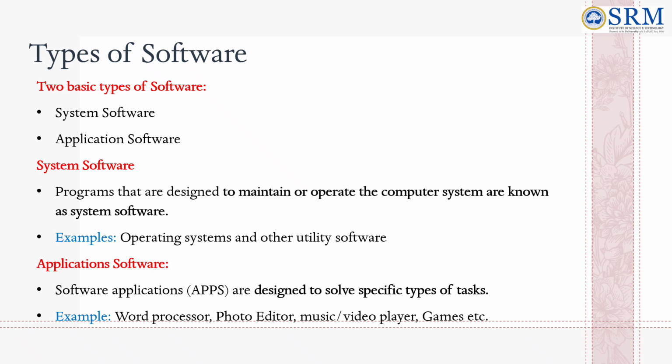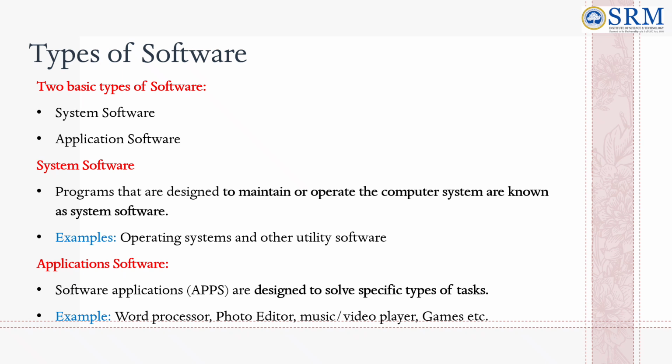The operating system helps us to manage the entire hardware, and only with the help of the operating system are we able to communicate with the hardware. Thus any operating system or any software, like utility software, which helps to interact with the hardware is called system software.